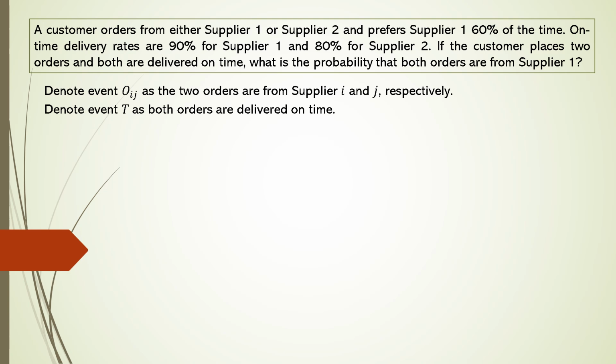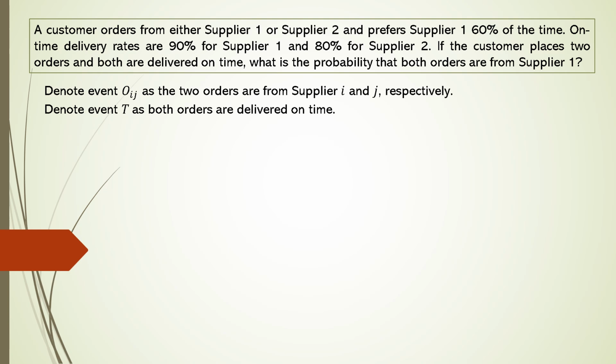From the question, we sense that the delivery, whether it's on time or not, is dependent on which supplier, right? If supplier 1, the on-time rate is higher than from supplier 2. So we can't say that the supplier is independent from delivery.